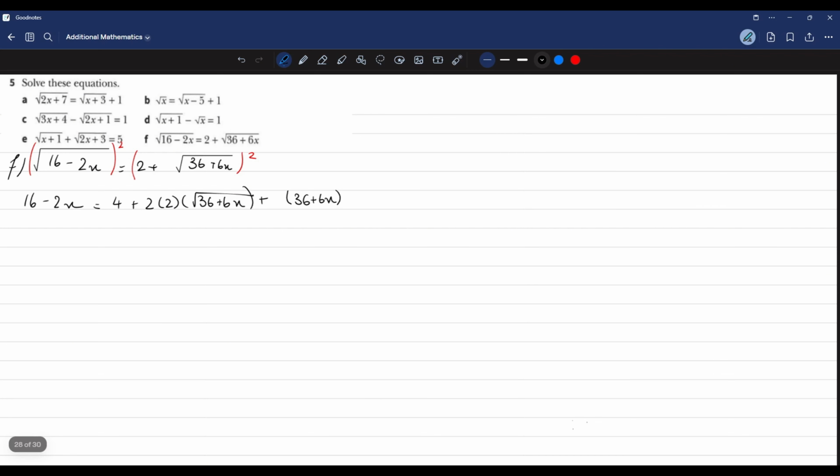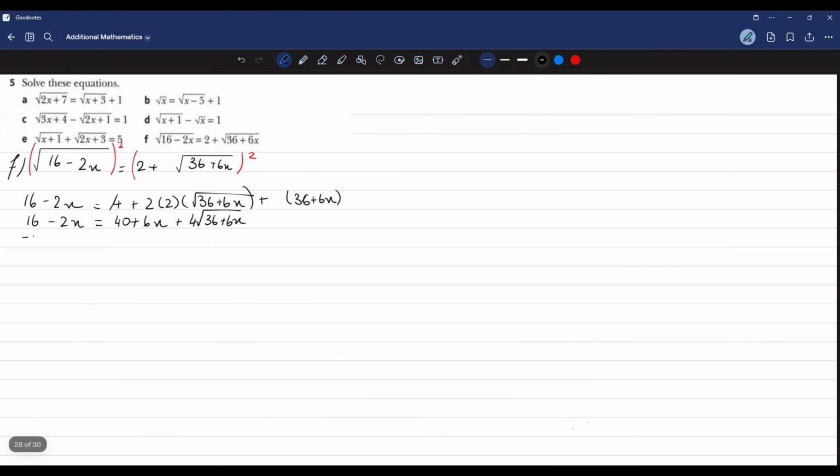Okay, so simplify this further. 16 minus 2x equals, what is 36 plus 4? That's equal to 40. So these two cancel out because we've done them. Plus 6x plus 4 times the square root of 36 plus 6x. Simplify this further by taking them on one side.